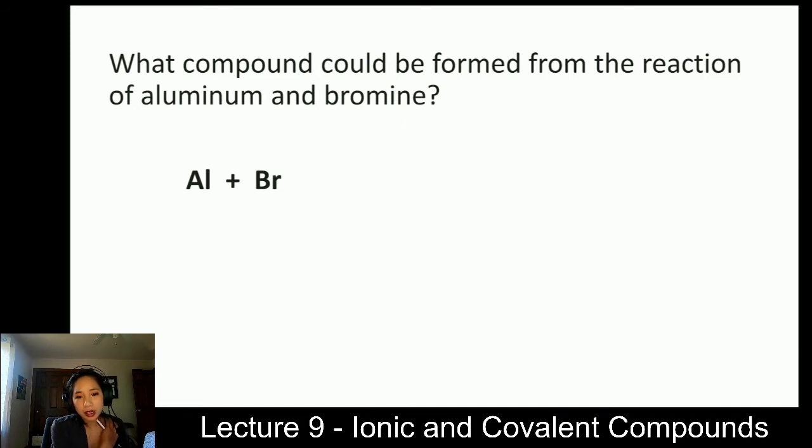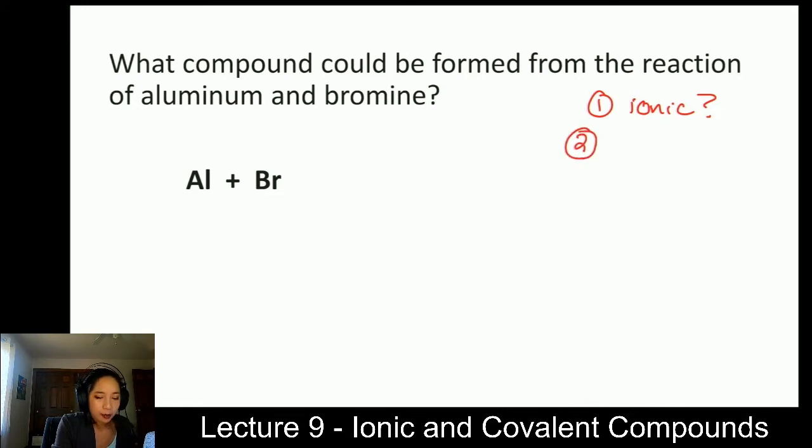The first thing you should identify is, is this an ionic compound? I'll write the steps in the corner here. Ask yourself, is it ionic? If we're combining aluminum and bromine, remember ionic compounds have a metal and a nonmetal. Aluminum's a metal, bromine is a nonmetal. So in this case, yes, it is ionic.